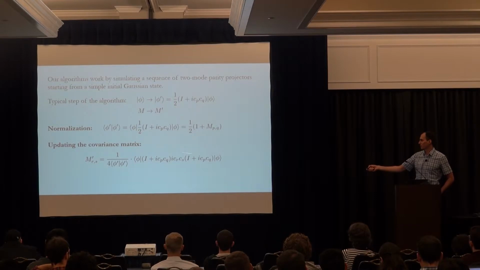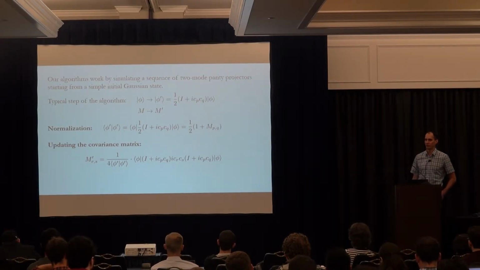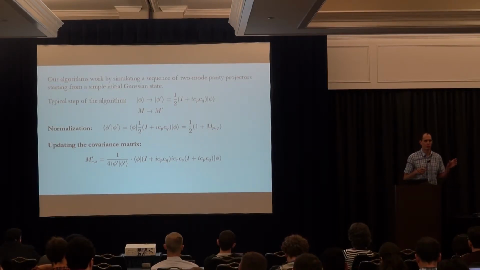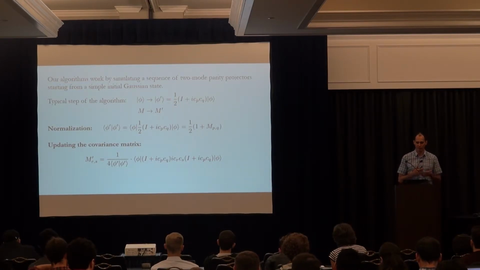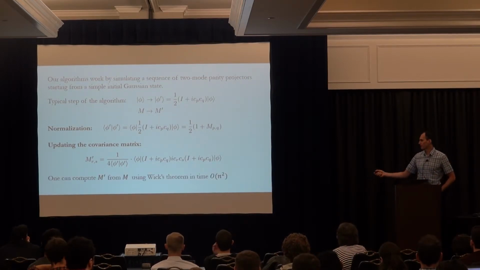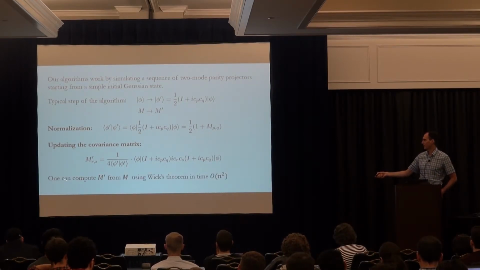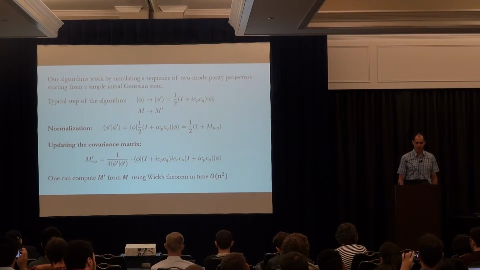Actually, the monomial of order 6 can be simplified because we can commute C_p from the right to the left and cancel C_p over here. So we only get monomials of degree 2 and 4, and we know how to compute them using Wick's theorem. The important point is that updating the covariance matrix is very simple, and it takes time roughly n squared.